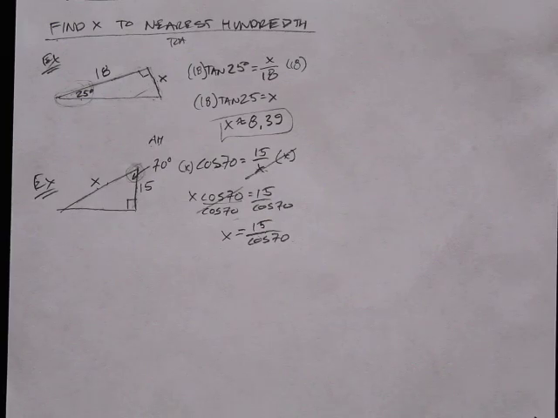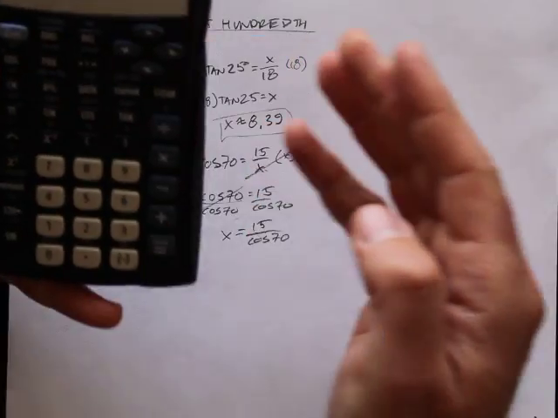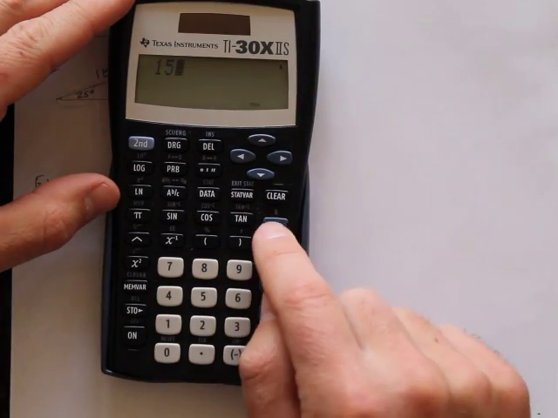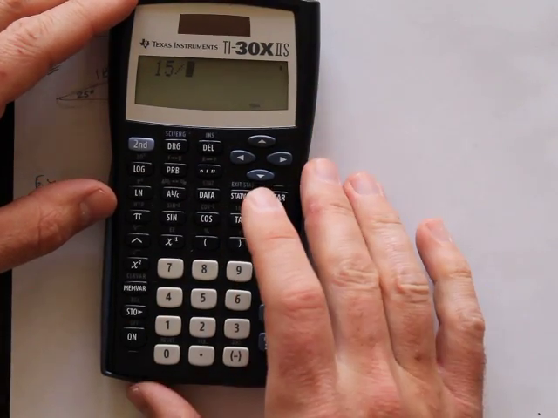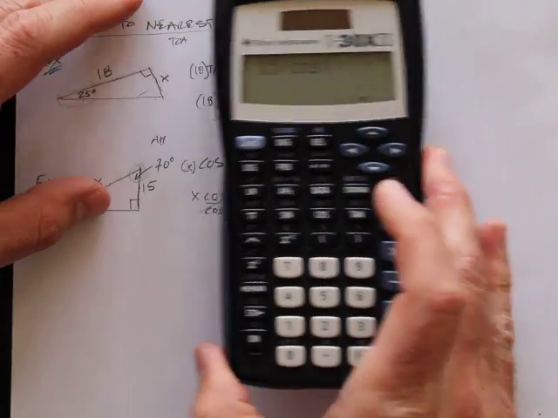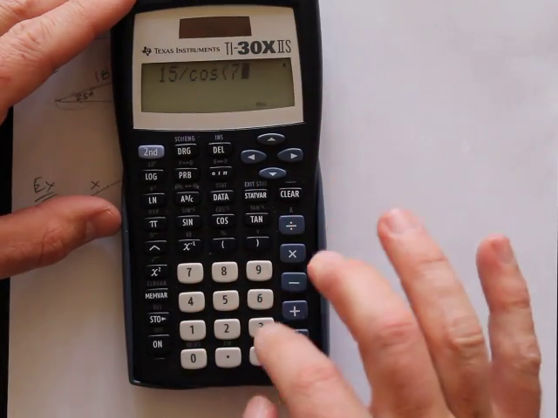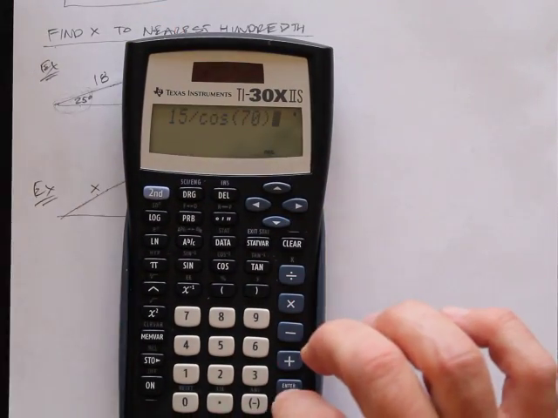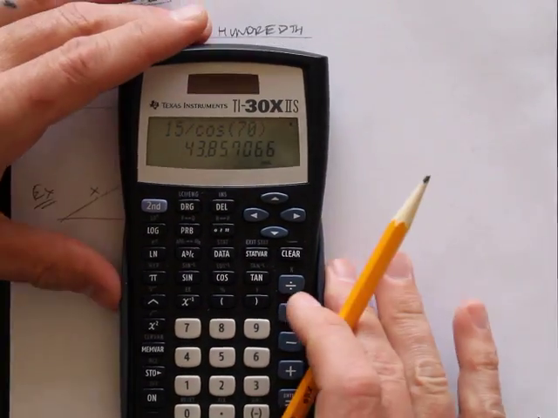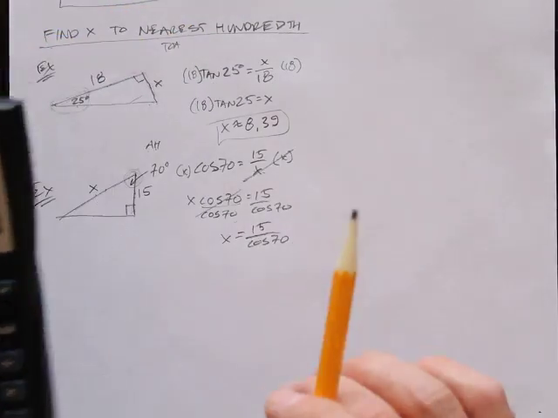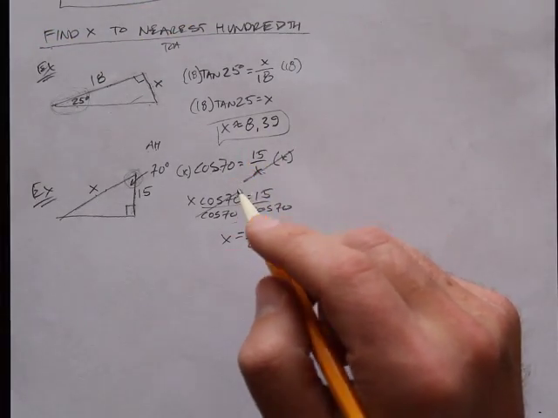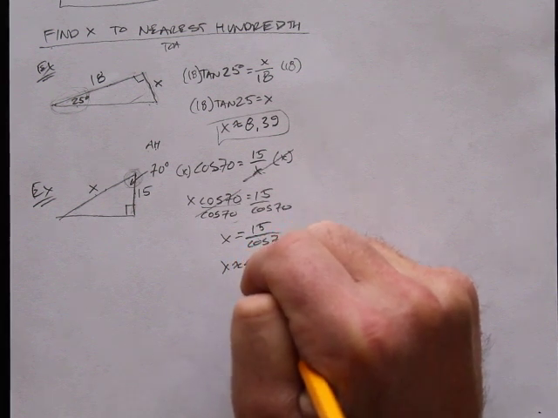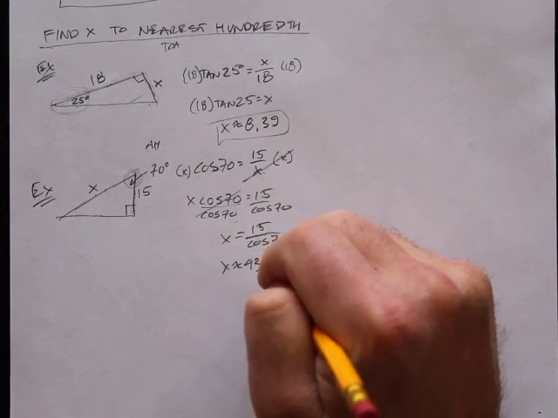So if I put that into the calculator on the Texas Instruments one, I would say 15 divided by cosine of 70. I just close my parentheses there, and I end up with 43.86. X is approximately 43.86.